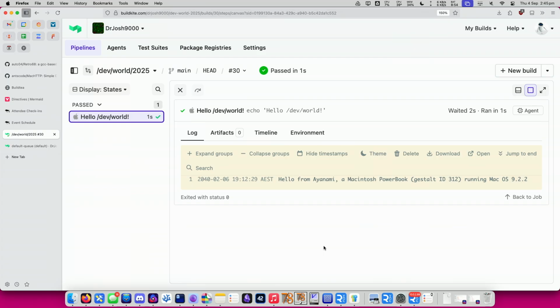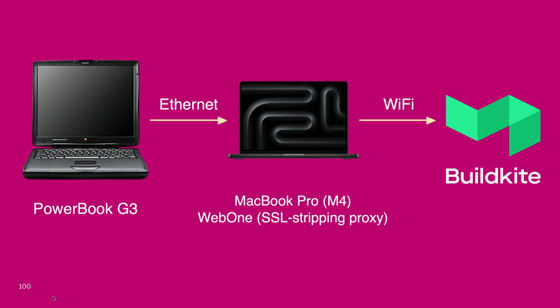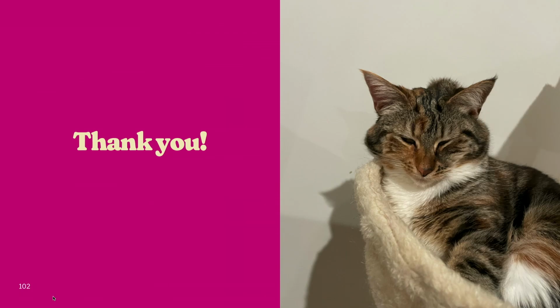And there's the resulting log, even with a functioning timestamp. It says the timestamp's in 2040, because again, the clock is wrong, but. So yep, that was the demo, and that's it. Thank you.